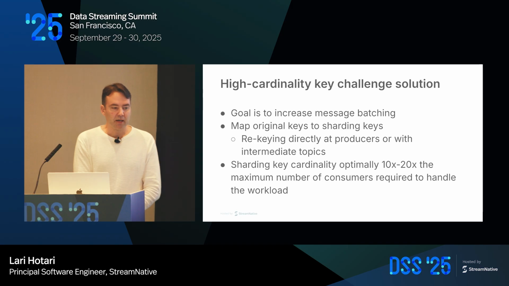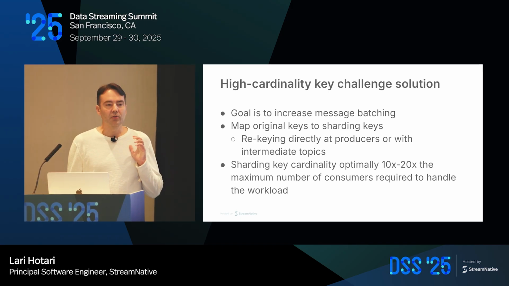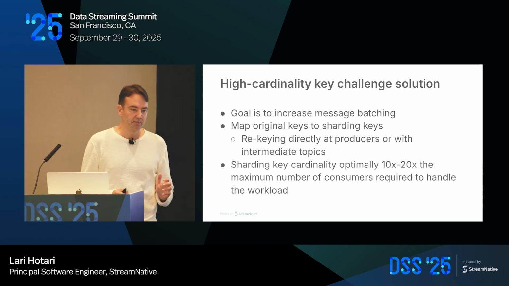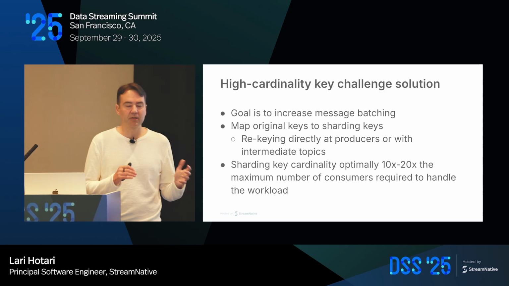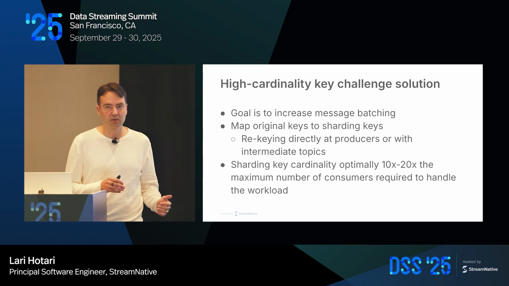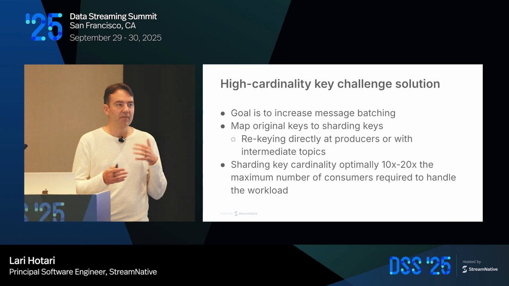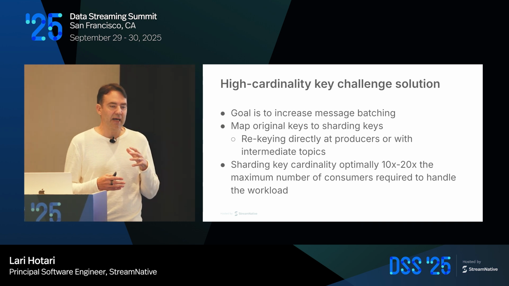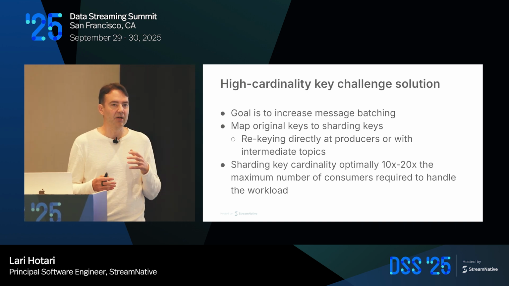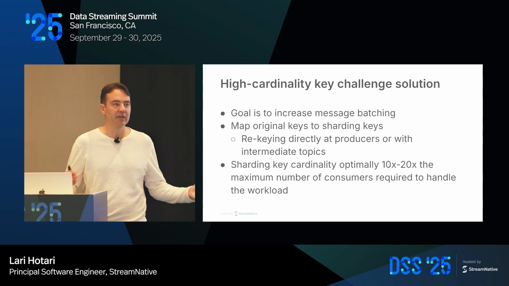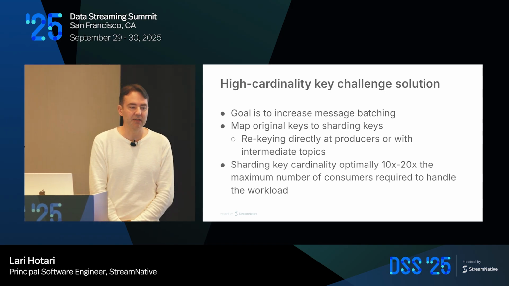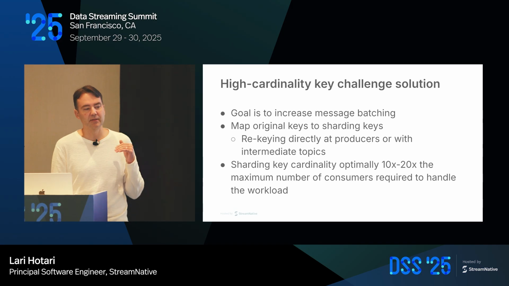For the high-cardinality key challenge, the goal is to increase the message batching. One of the solutions is to map these original keys to sharding keys. Obviously this solution adds a lot of complexity and overhead itself, so it should only be used in these very high scale cases where you'd get a benefit of increasing the batching.